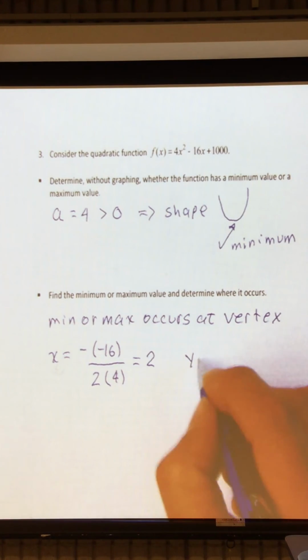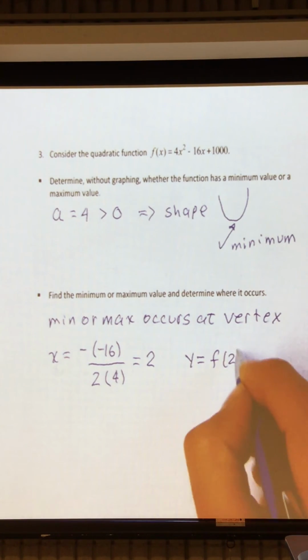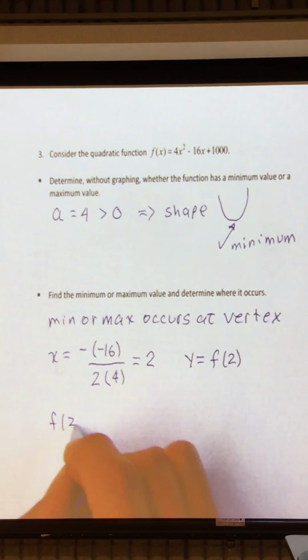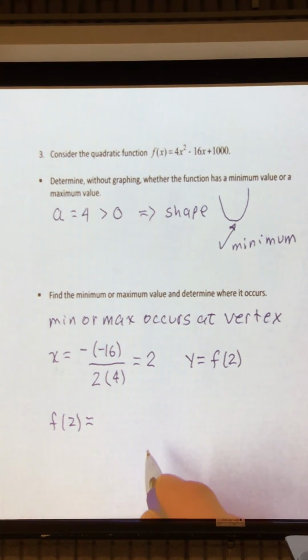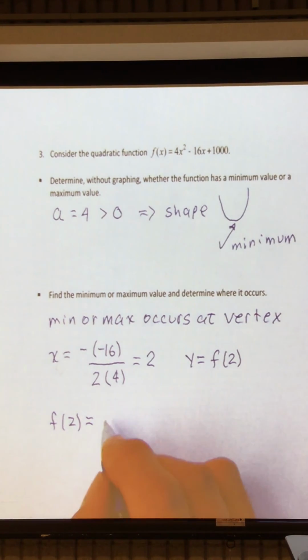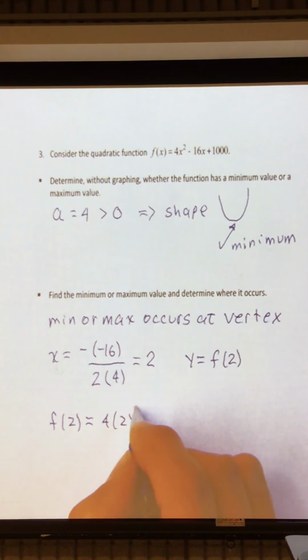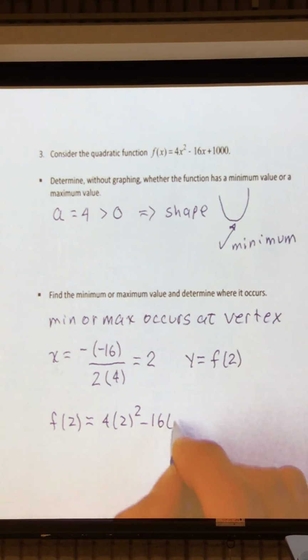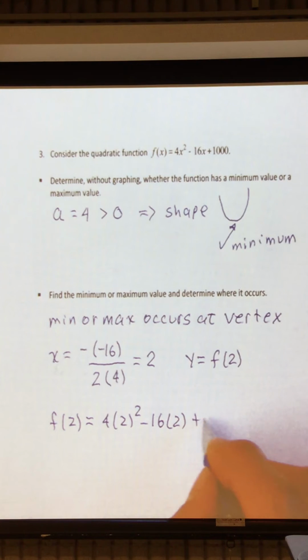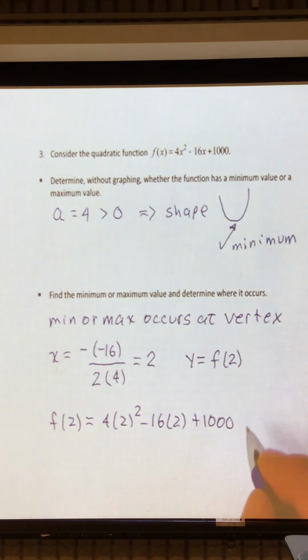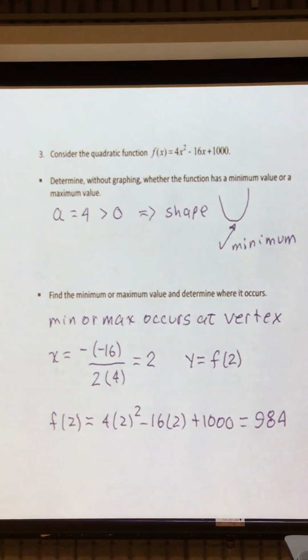The y value is then f of 2. So putting 2 into the function, replacing x by 2, we'll have 4 times 2 squared minus 16 times 2 plus 1,000. And that will give us 984.